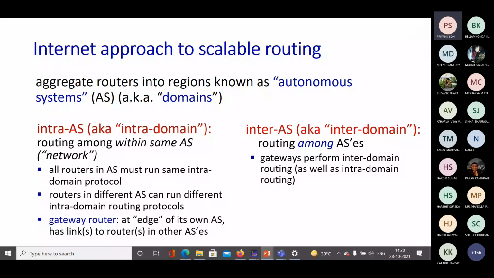Now what happens in intra-AS? Here the network administrator can take control and can actually control what routing protocol should be used in that case. If intra-AS routing has to be used, it is always a simpler way that all the routers belonging to a given AS follow the same intra-domain routing protocol.